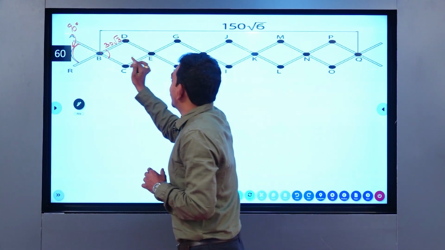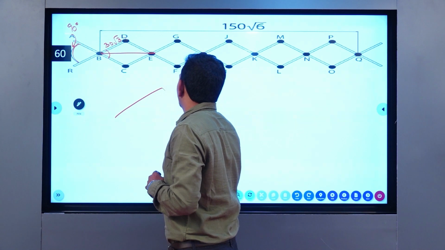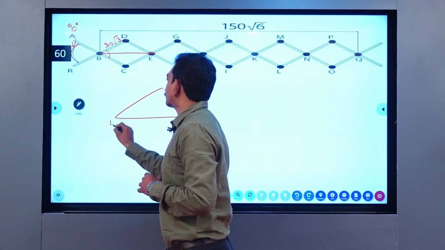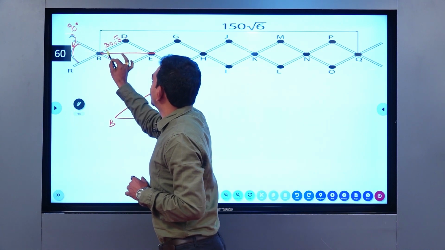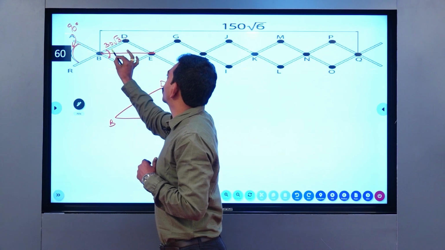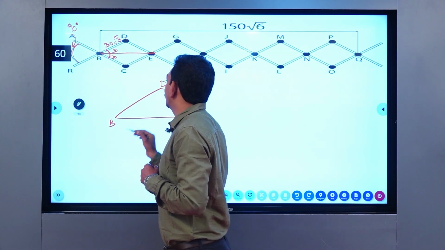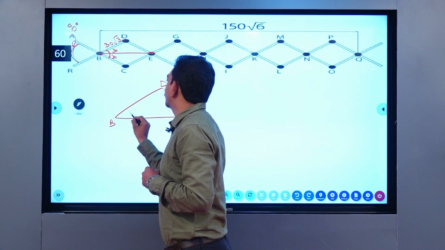Now let me draw this, guys. So here, again I am drawing BDE. So if this is 60, the vertically opposite angle is also 60. The diagonal will divide it into 2 30s, 30 and 30. So this angle DBE would be 30 degrees.